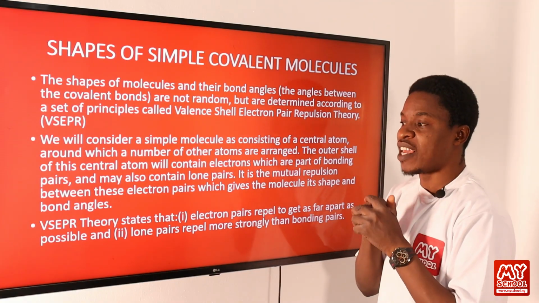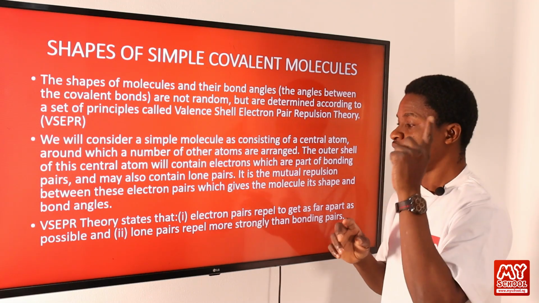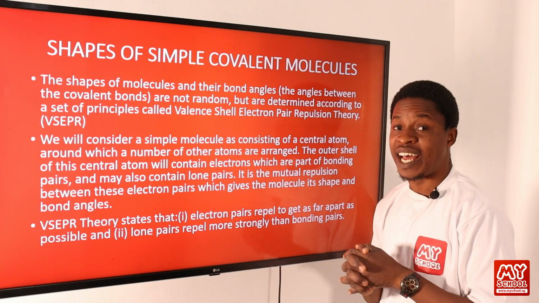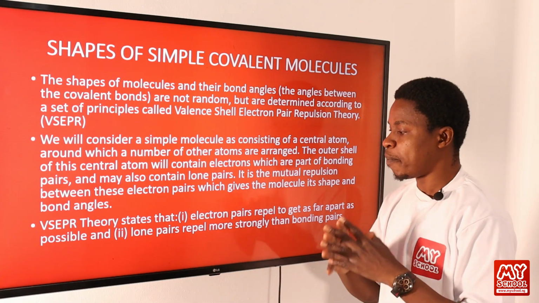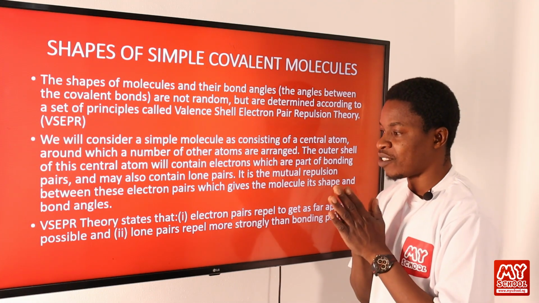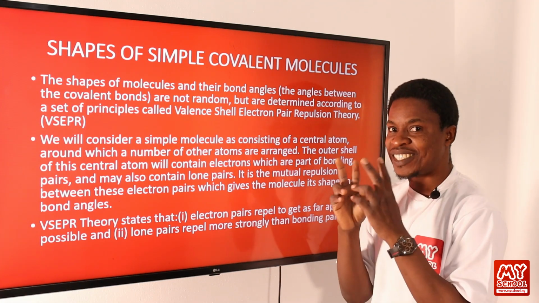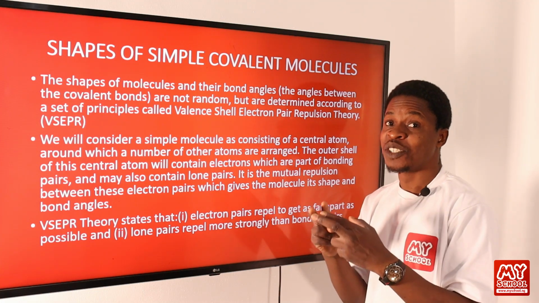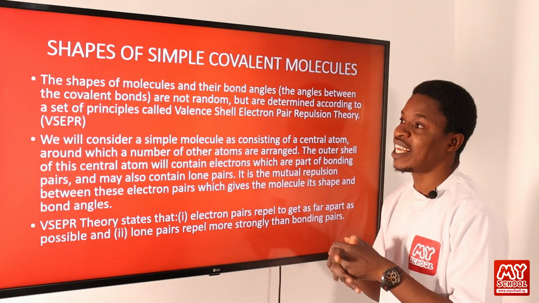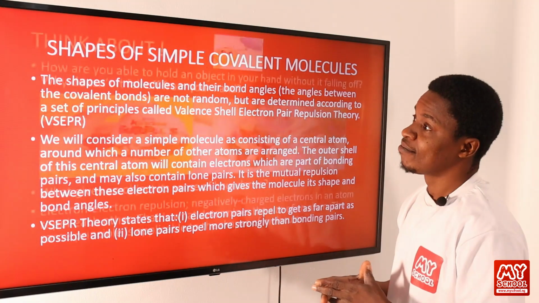So the VSEPR theory states that firstly, electron pairs repel to get as far apart as possible, and secondly, lone pairs repel more strongly than bonding pairs. Of course, lone pairs will repel because they have the same charges. So they'll be repelling more compared to the bonding pairs. Let's move on to the next slide.